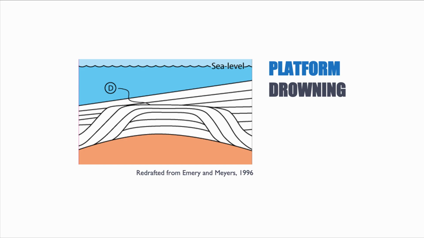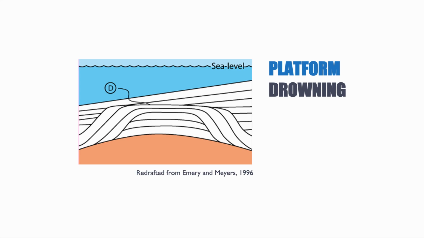This leads to what is known as platform drowning. In the case of platform drowning, you essentially have a stop of growth on the platform, and eventually you could have the clastic systems prograding on top of that carbonate system and covering it completely. And that is something that we see over and over again in the geological record.